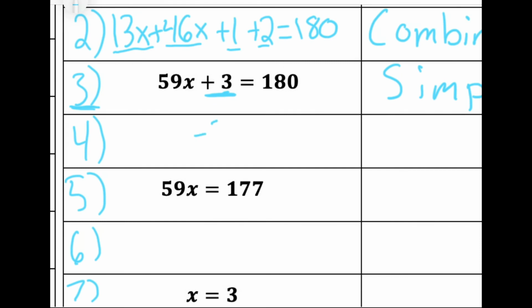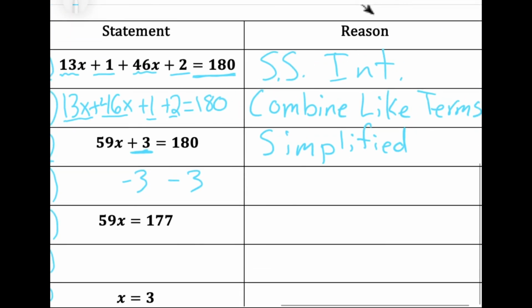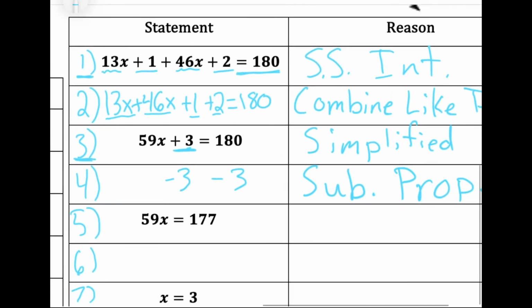And it's positive, so we subtracted 3 on both sides. So our reason is going to be subtraction property. And yes, you can abbreviate just like I am. Once we subtracted 3 from both sides, we simplified. So we're going to put simplified.